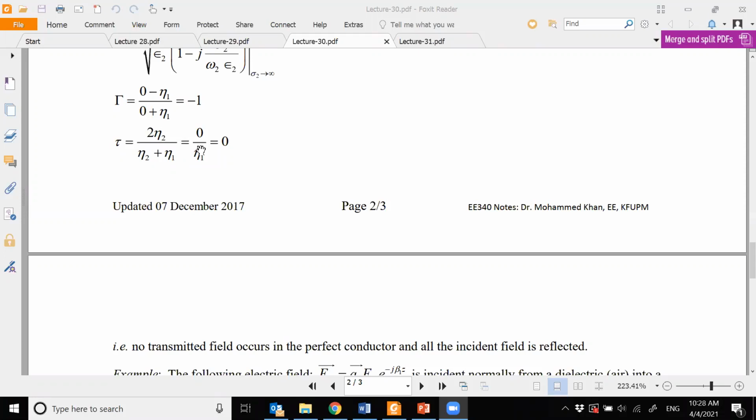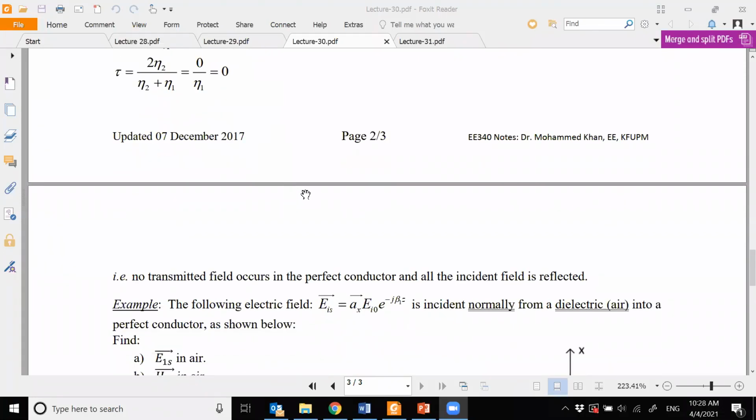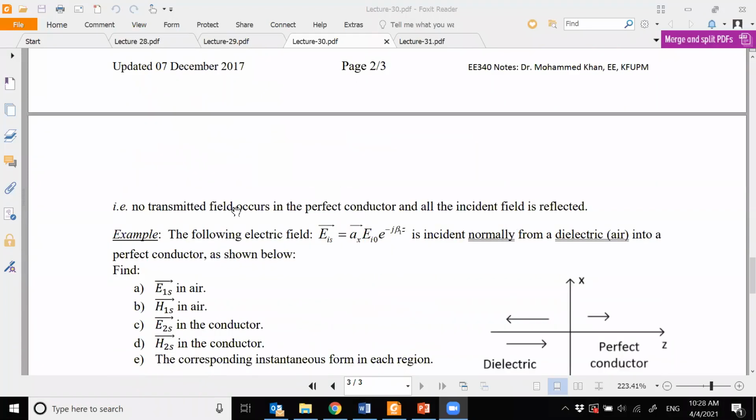So there is no transmitted electric field existing in the perfect conductor, which is consistent with what we have studied in electrostatics. That's why no transmitted field occurs in the perfect conductor and all the incident electric field is reflected.